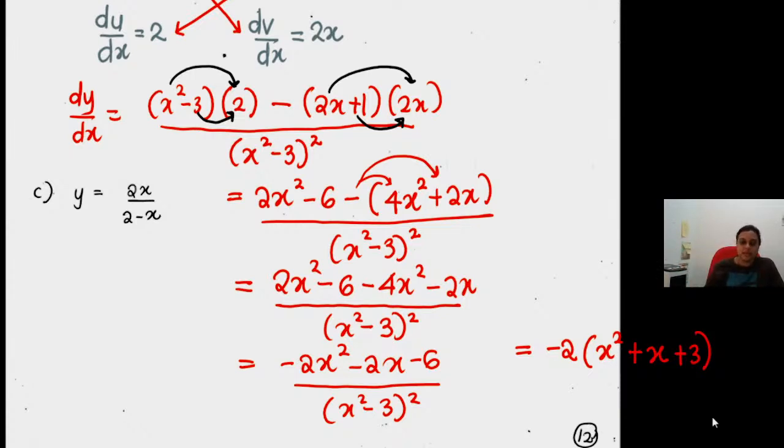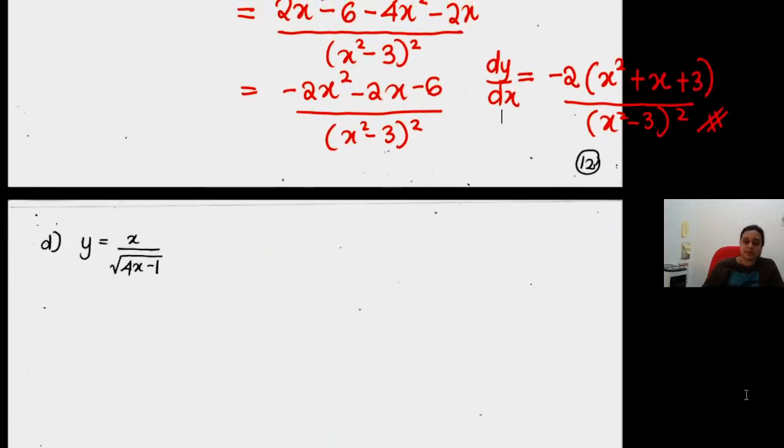Negative 2 times x squared plus x plus 3, then divided by x squared minus 3 squared. You can leave your answer up to here also. This is your dy/dx. So we are done for question B.